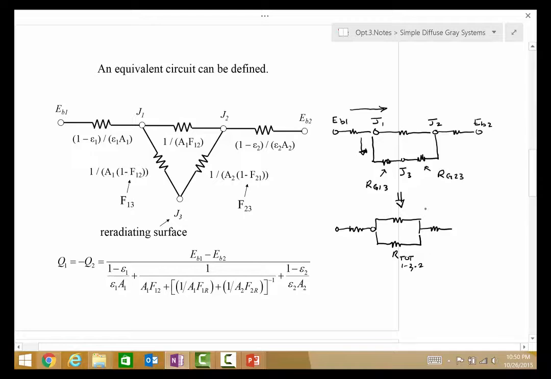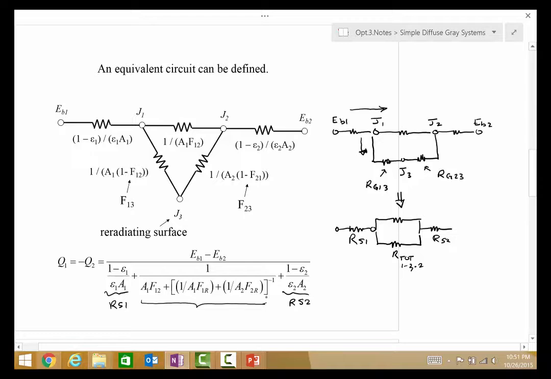And so the two surface resistances, RS1 and RS2, are still evident here. And the total resistance associated with this parallel section is provided in this middle piece here.